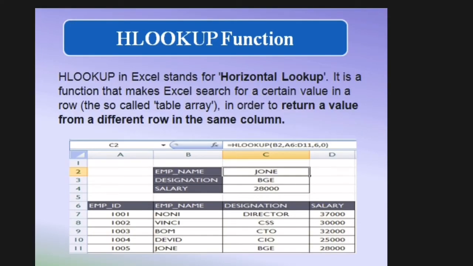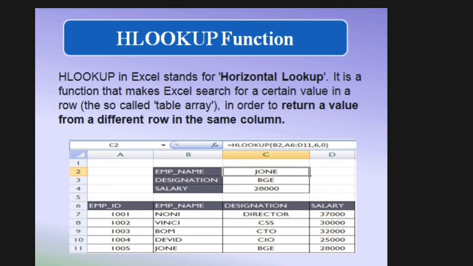Here, if you want to know the employee name through the HLOOKUP function, then just type equals to HLOOKUP in bracket, mention B2, this is your employee name column address, and then select the range like A6 to D11, and then mention the row number 6 because here we want to search for John, and at last mention 0. It will search. If it is true, then it will show the employee name.